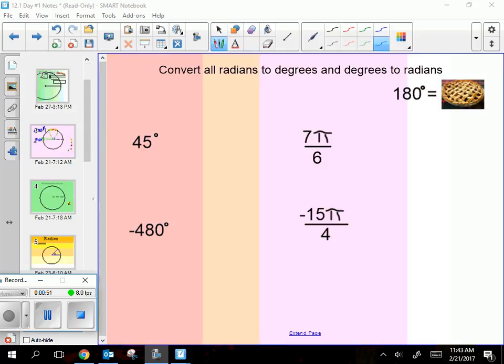Okay, so we're done with the activity, and the main thing I hope that you connected is that 180 degrees was pi radians. If you divide that out, then you'd have 180 divided by pi, which would give you about 57 degrees for a radian. But a radian has this and this and this are all the same.